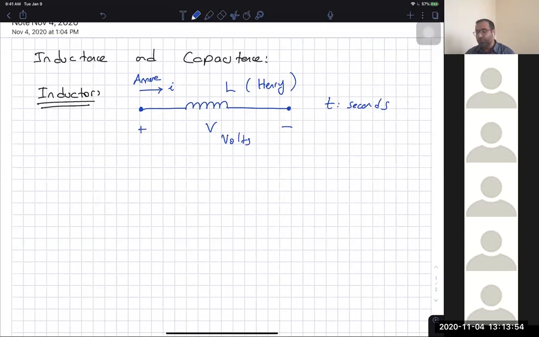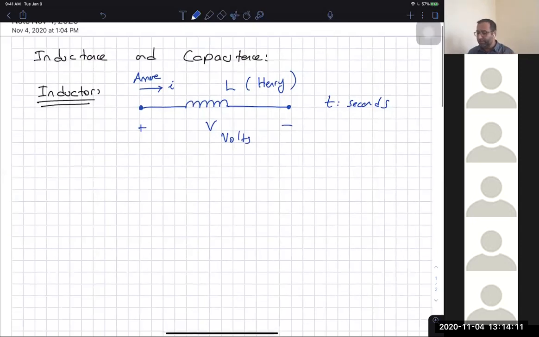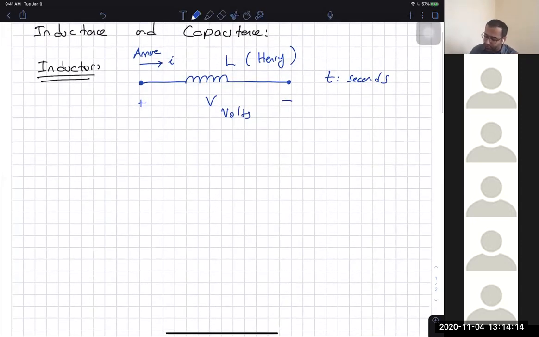So in the case of resistors, we had a unique relationship which describes the current-voltage relationship of a resistor, right? We were calling that Ohm's law. So for a resistor, we had this very nice voltage-current relationship, right?